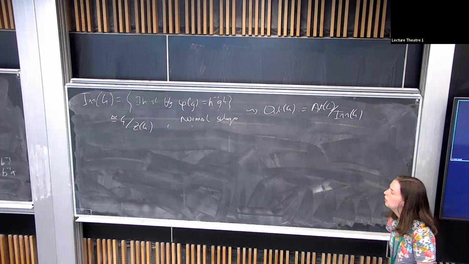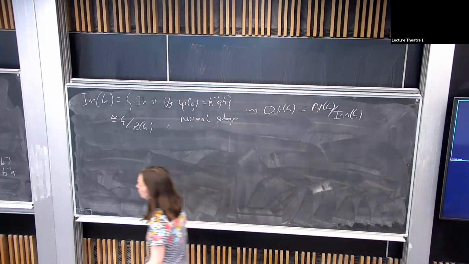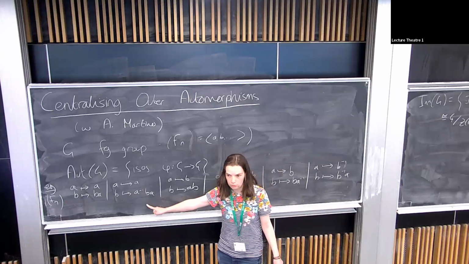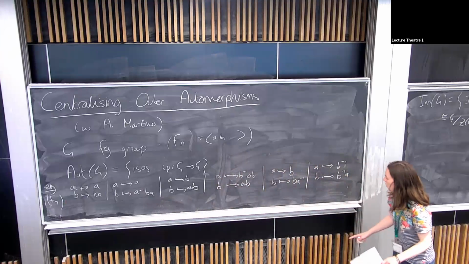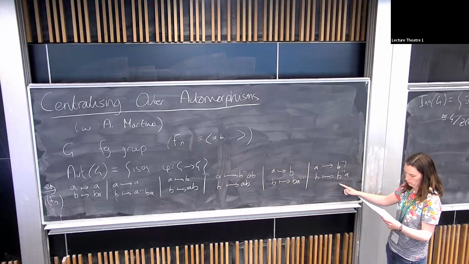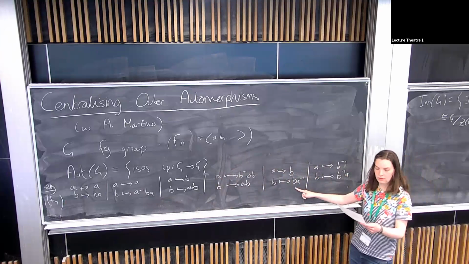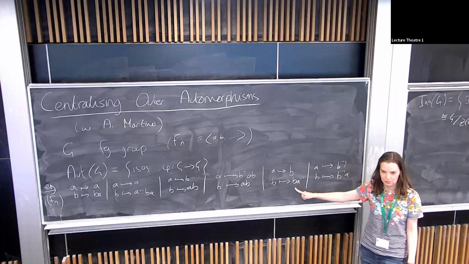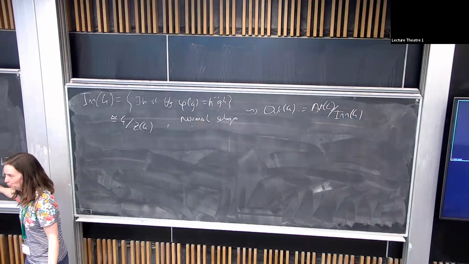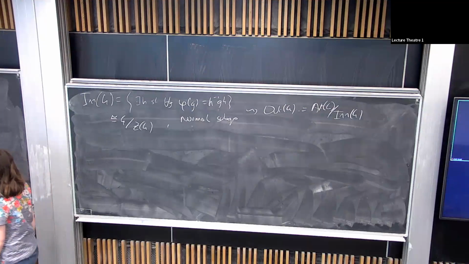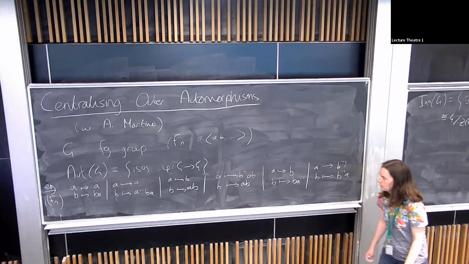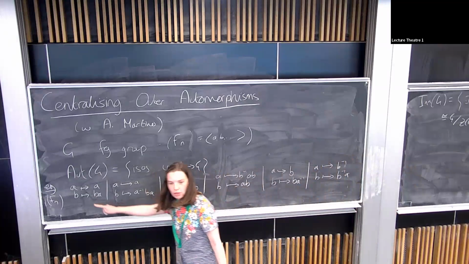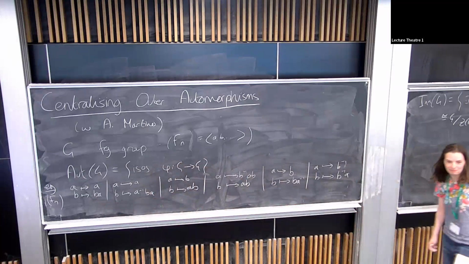So if we go back to my list of examples, this one becomes the identity in the outer automorphism group, it was inner. And this one is infinite order in the automorphism group, but finite order as an outer automorphism. This one is the same finite order in both groups. That's the thing which always happens. The rest, and then this one and this one represent the same outer automorphism.